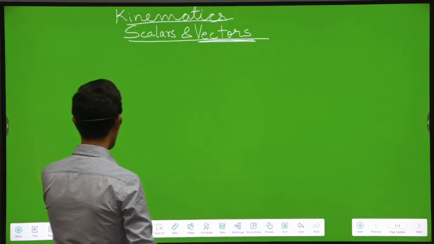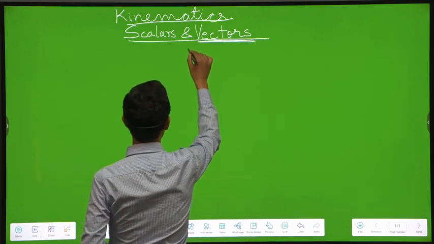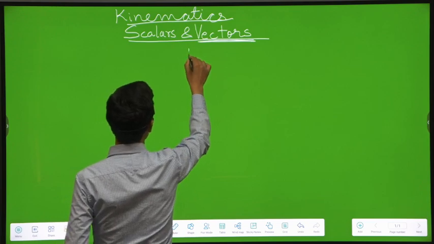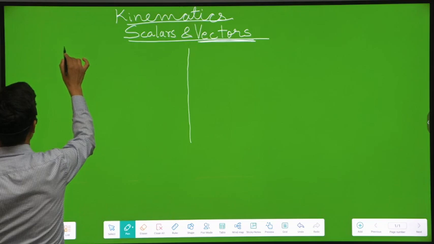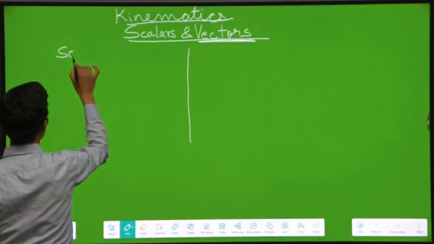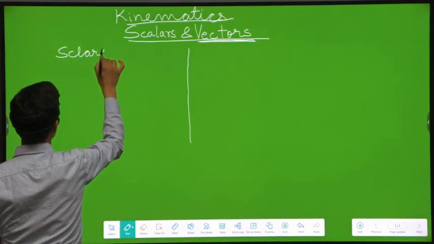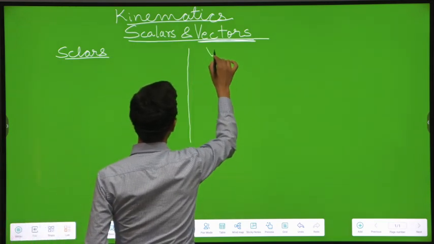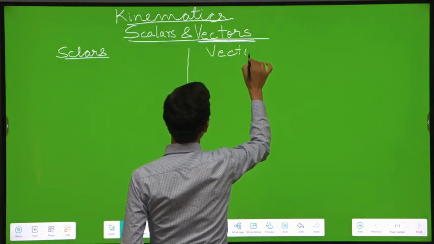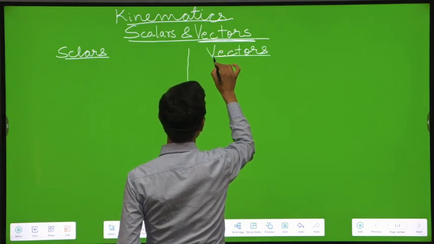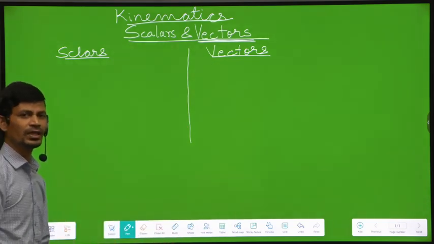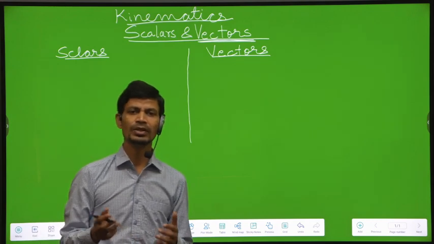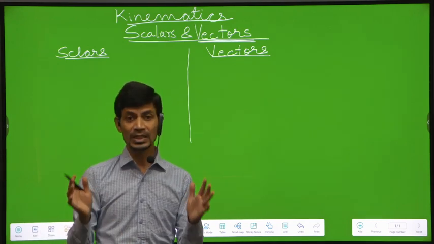So, in physics, we can classify physical quantities into many categories, but here I am categorizing them as scalars and vectors. So, scalars: the physical quantity which needs only magnitude to be specified.